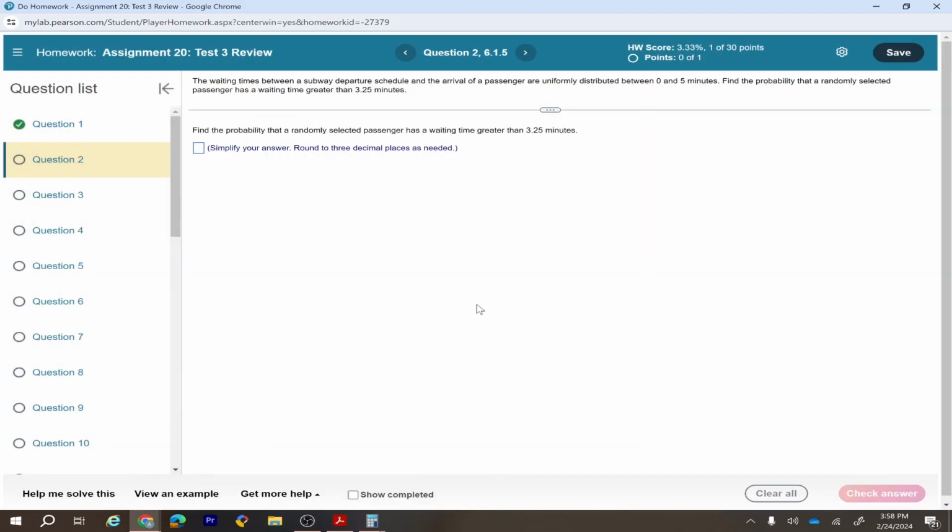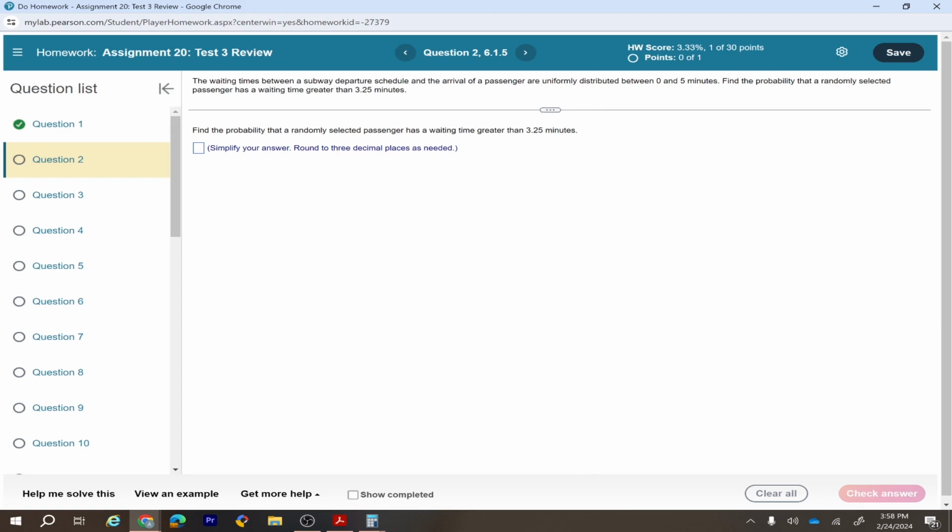If you are solving a uniform distribution problem, there is a calculator you can use in StatCrunch as well. For example, a problem like this: the waiting times between a subway departure schedule and the arrival of a passenger are uniformly distributed between 0 and 5 minutes.